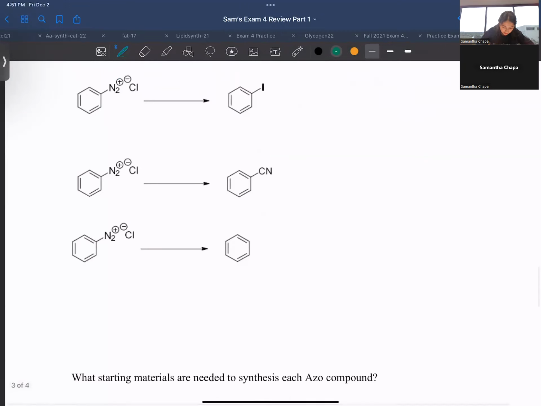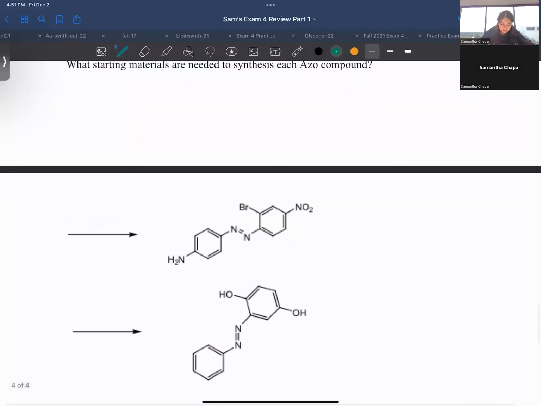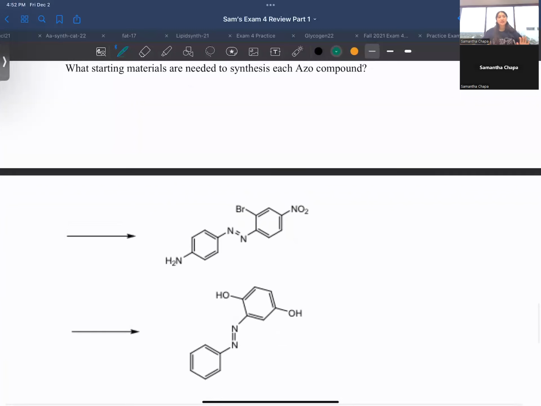I'll skip to that question because we were just working on it. This is also on the page that I provided for you guys. This is the synthesis problem, and again, let me show you the notes that I have on this. These are just the basic notes.